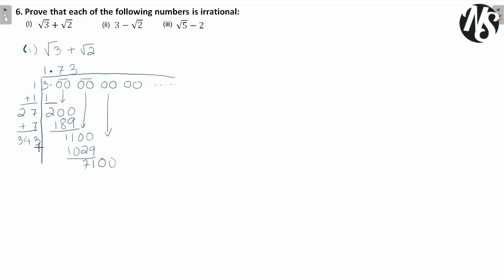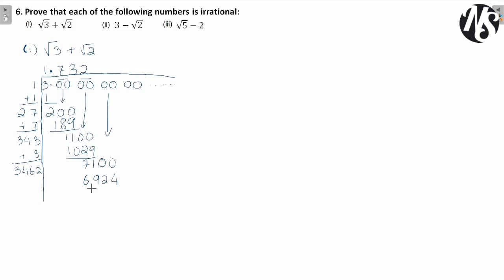So you need to add 3 here, remember. So we get 346. Now let me extend this line, so you have to write 2 here. If you write 2 here, then it becomes 6924.